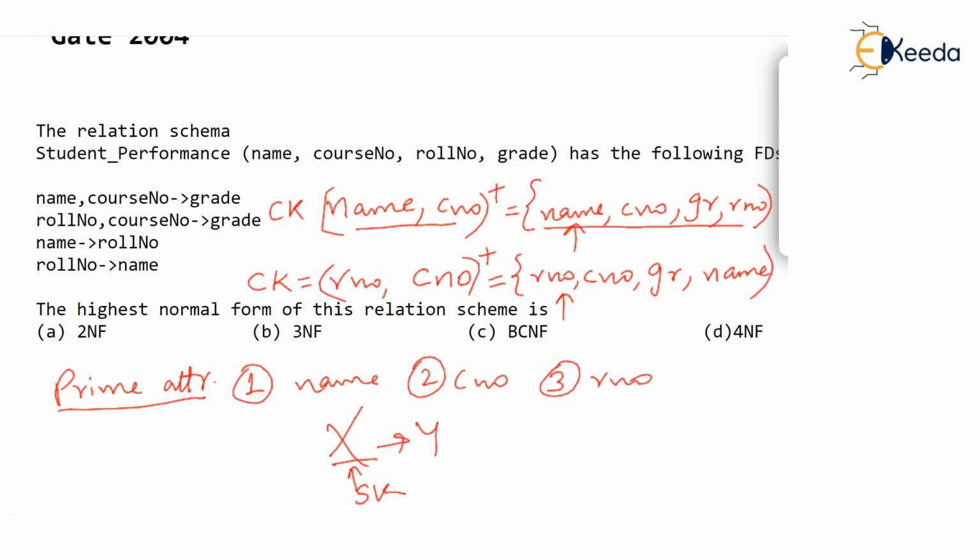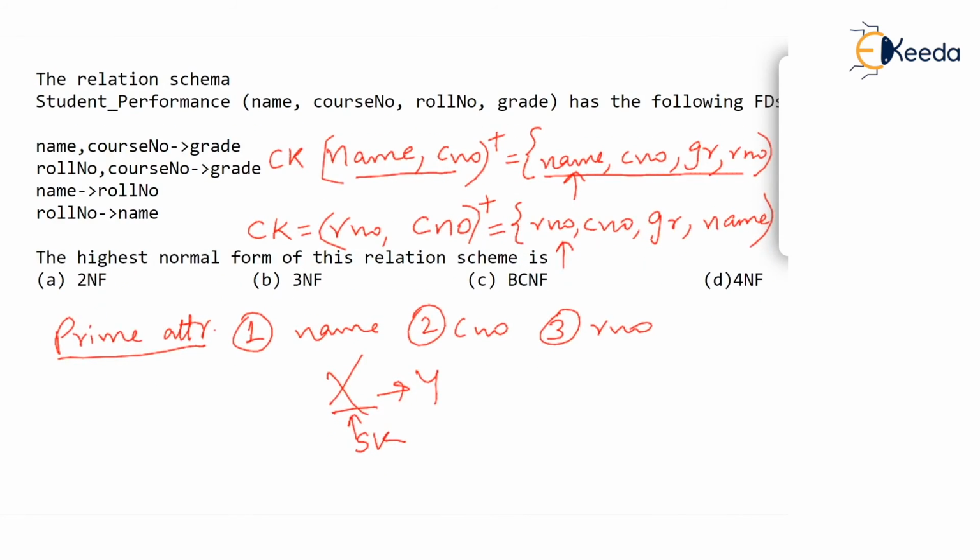Now for 3NF, the rule says X determines Y, then either X has to be a super key or Y has to be a prime attribute. And you know the prime attributes, there are three prime attributes: name, course number, and roll number. So let's check the first dependency which I am ticking.